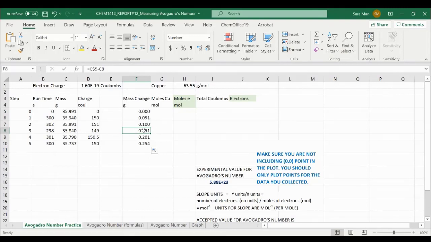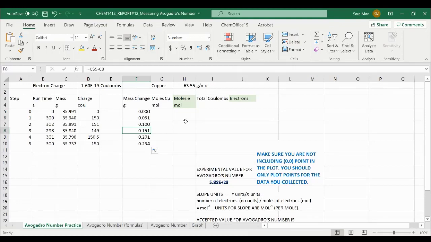In this case, for example, to obtain the F8 it is 3.991 minus 3.840. Very good. So this is how we calculate the mass change.